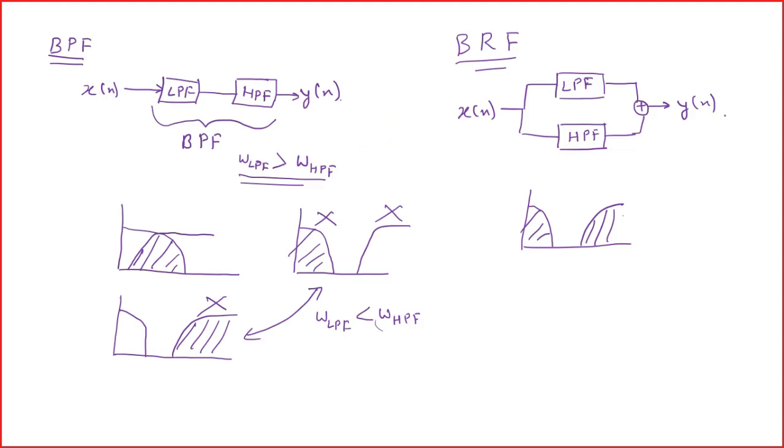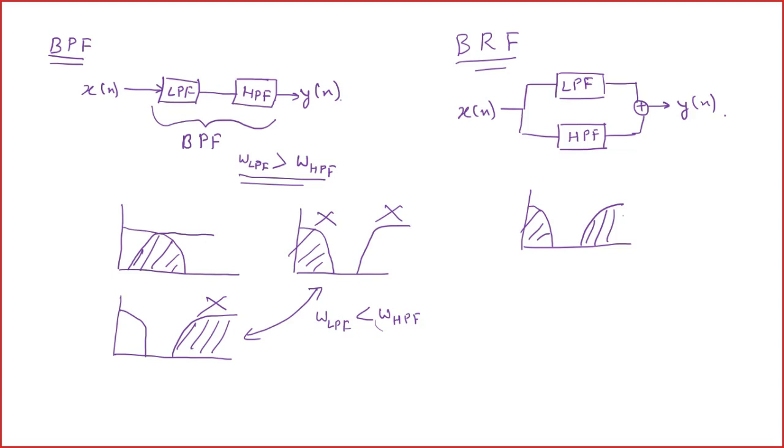Sir, can we design a notch filter also by using a low pass and high pass filter? Usually what we do is that you design a band pass filter and then just put a zero at a particular location. That is much easier. Okay, sir.